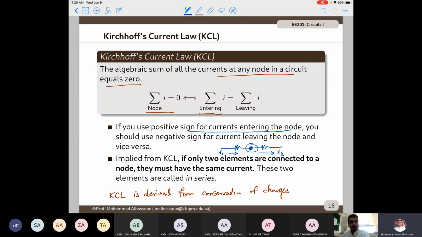What can we say about the value of I1 and I2? They must be equal. So if two elements are connected to a node, they must have the same current, and these two elements are called in series.